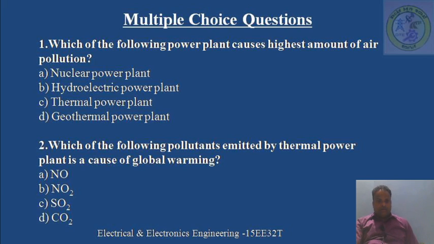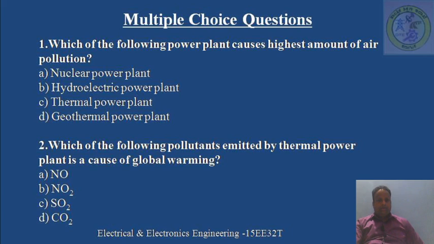First question: which of the following power plants causes the highest amount of air pollution? You can easily say the highest amount of air pollution is from thermal power plants. Nuclear power plants do not cause such an amount of air pollution. Hydroelectric power plants also have no air pollution.